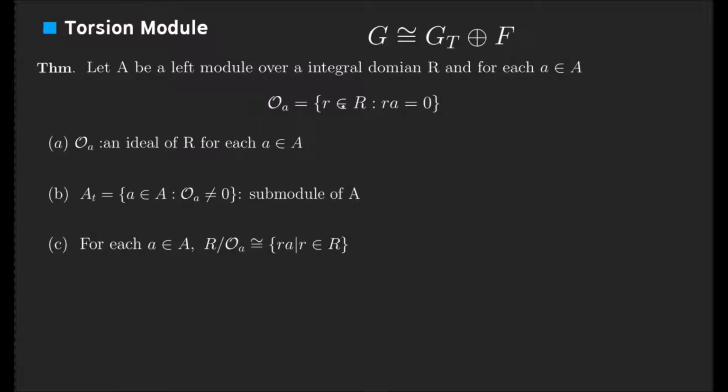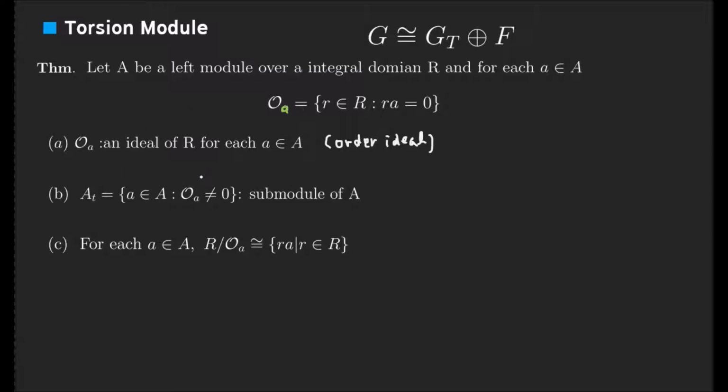This is the set of elements r in R such that ra is 0. And the theorem here: O_a is clearly an ideal. It has the name order ideal, but the name is not useful to discuss the total concept.